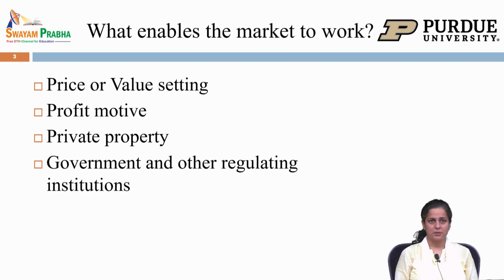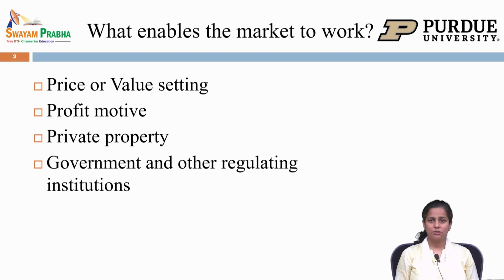So what enables the market to work? There is, of course, price or value setting, there is the profit motive, private property, and government and other regulating institutions. So far, when we think about designing technological systems, we think of how they interact in the economy. A lot of the time, the products we make have a price or value, and the companies or industries making them have a profit motive.